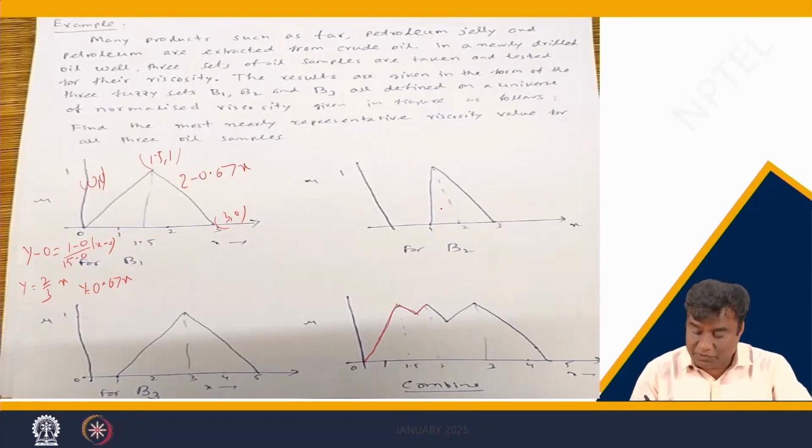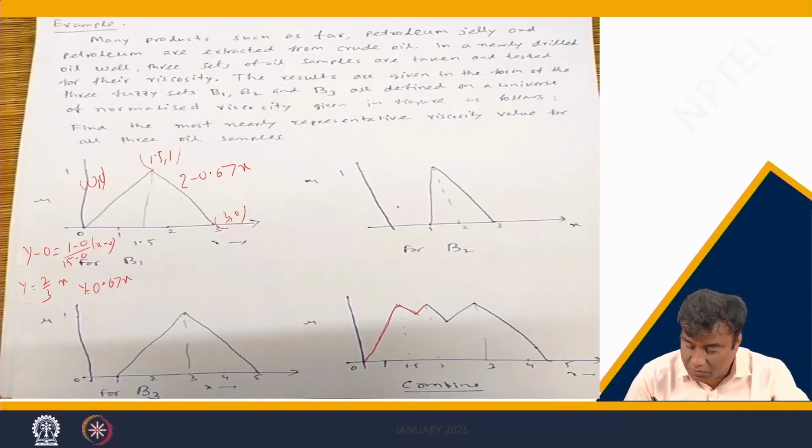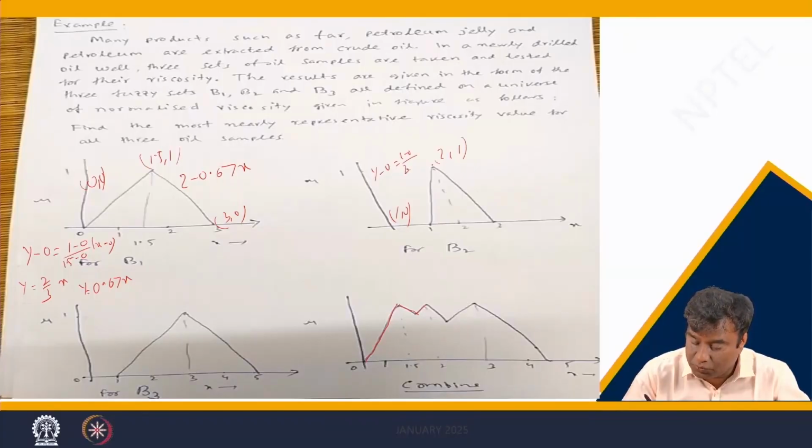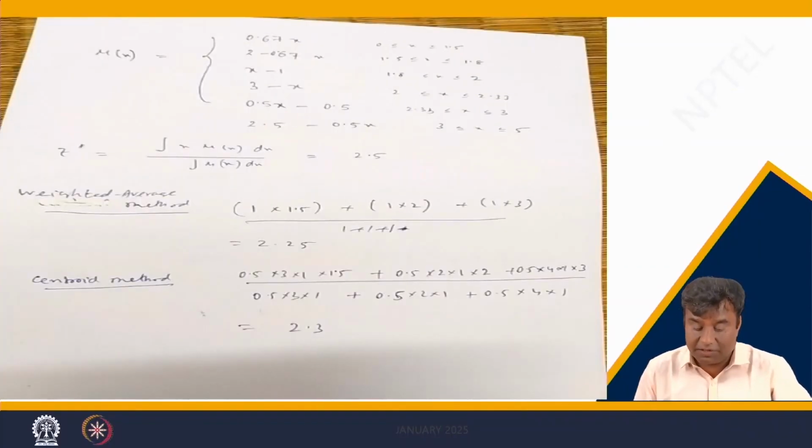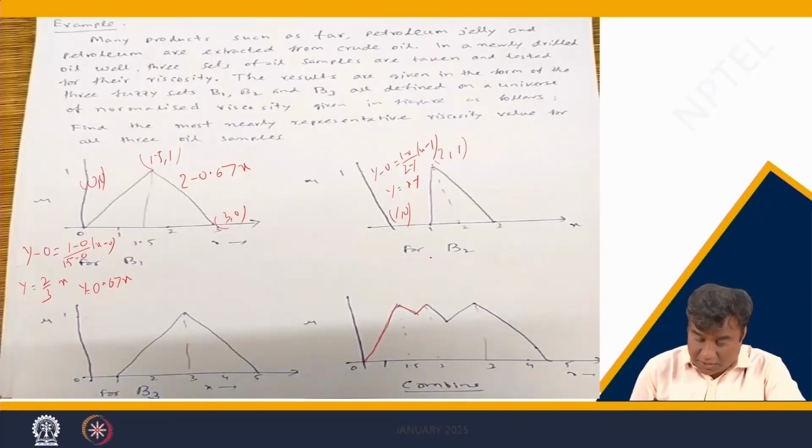Similarly, for this straight line, the points are (1, 0) and (2, 1). So y minus 0 equals (1 minus 0) by (2 minus 1) into (x minus 1). You will get y equal to x minus 1. So this straight line is y equal to x minus 1. Now this intersection point we need to find.